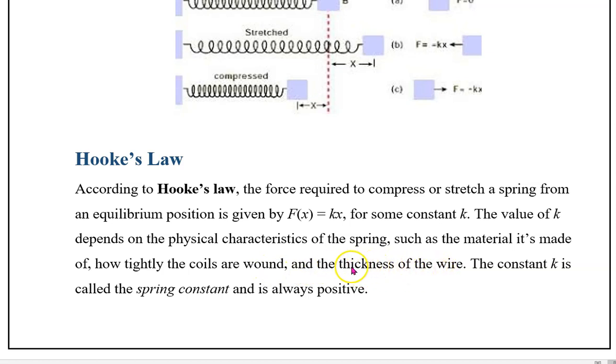The thicker the wire and the more dense the material, the more energy it takes to compress or elongate it. The constant is always considered to be positive and is dependent upon each spring, the type of spring, the radius of the coils, and the thickness of the wire.